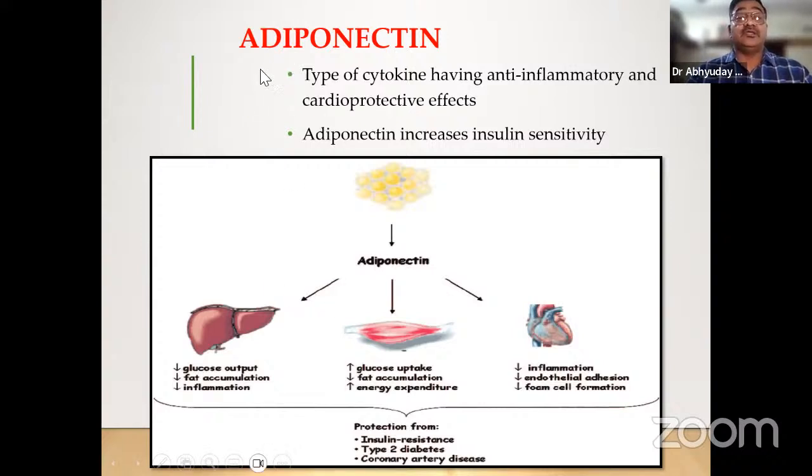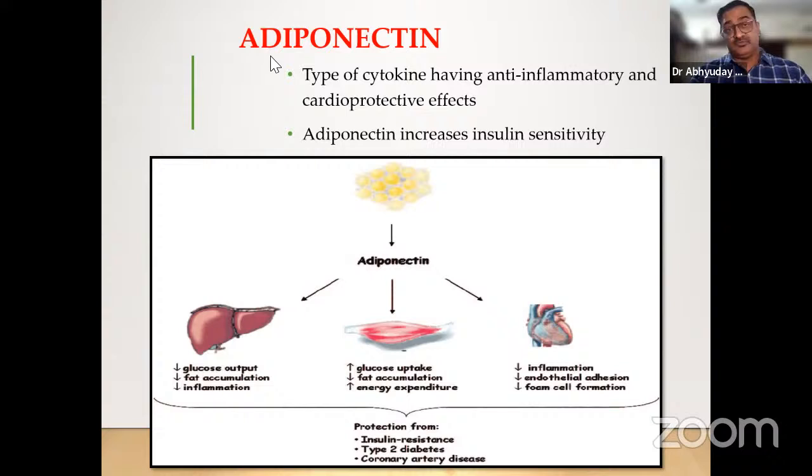Then we have another hormone, adiponectin, produced by the adipocytes. This is a type of cytokine having anti-inflammatory property and cardioprotective effects. And it improves insulin sensitivity also.